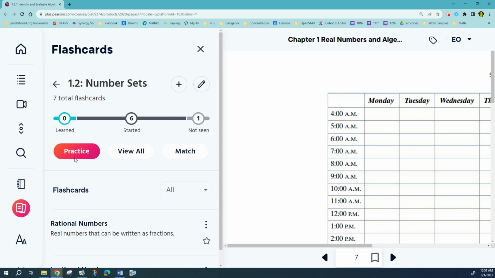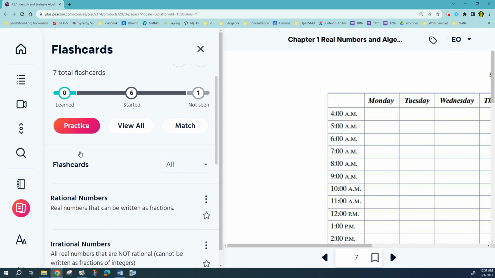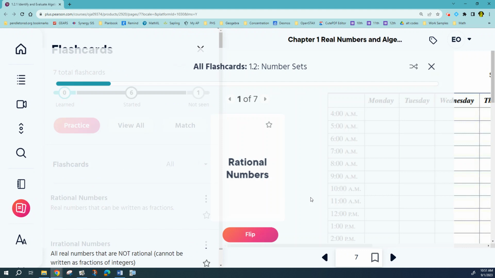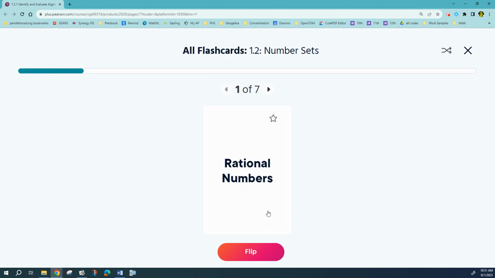So I built a set of flashcards for number sets in your textbook, and I haven't done this yet. Let's try matching. The practice is useful. The view all is like traditional flashcards, right? It'd be like you're holding a flashcard. On one side, it defines the set of rational numbers. On the other side, you'd have to explain what that is, define it.